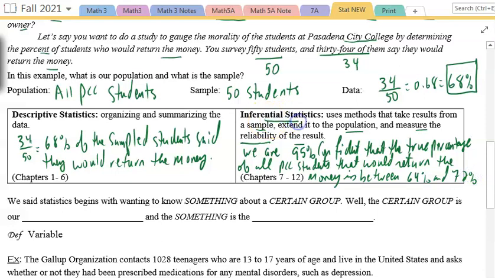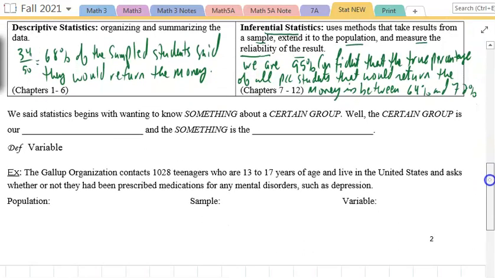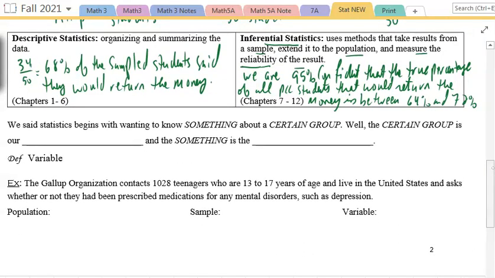So inferential statistics gives an interval in which the chances of the true value falling in there is much higher.